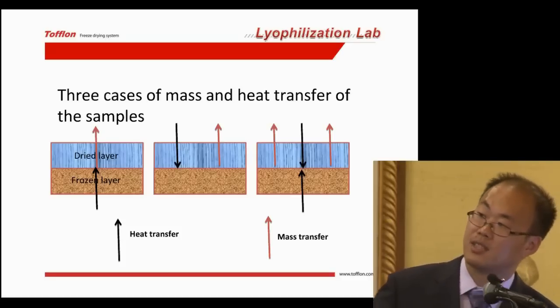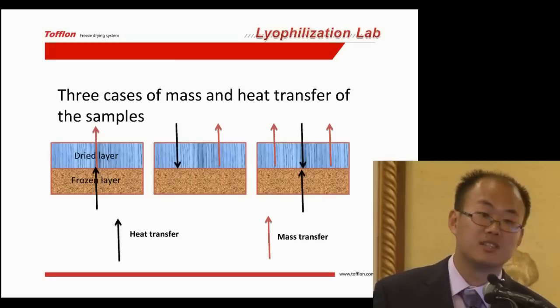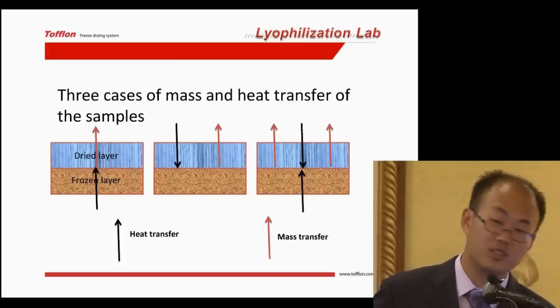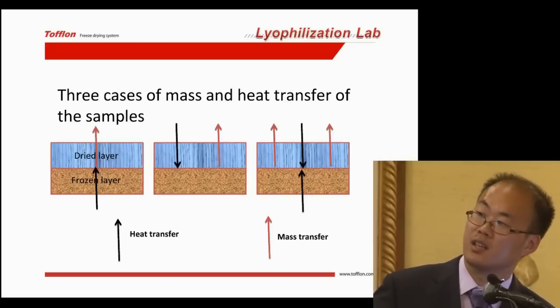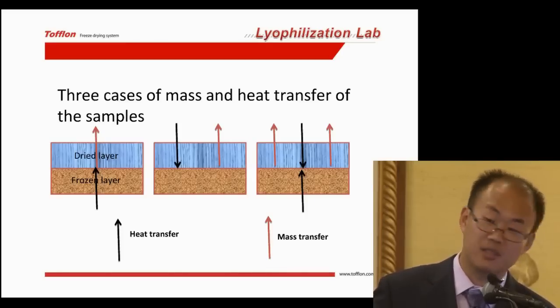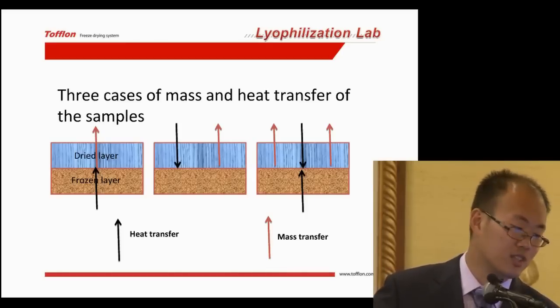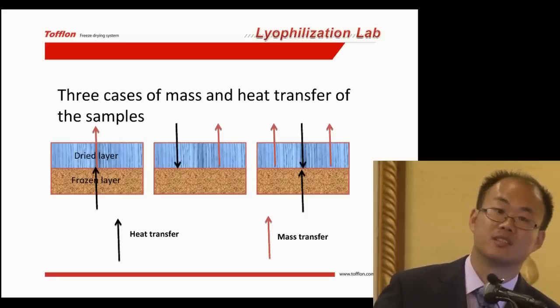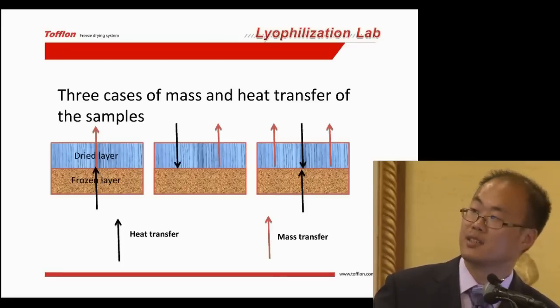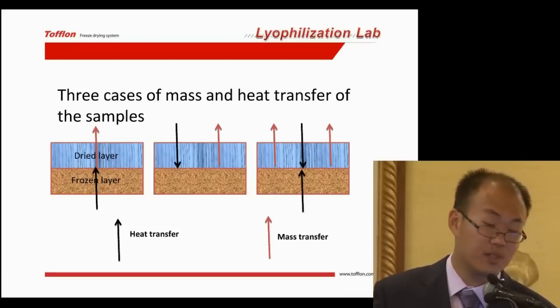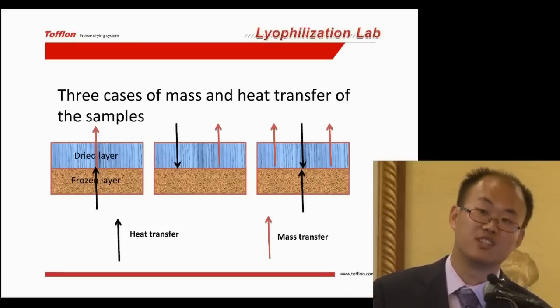Just as on the left, the heat is conducted from the shelf through the frozen layer. At the interface of the dry layer and the frozen layer, the heat is absorbed from the frozen layer. The second is heat from radiation, from the shelf radiation. The third one, both of the two transfers exist.